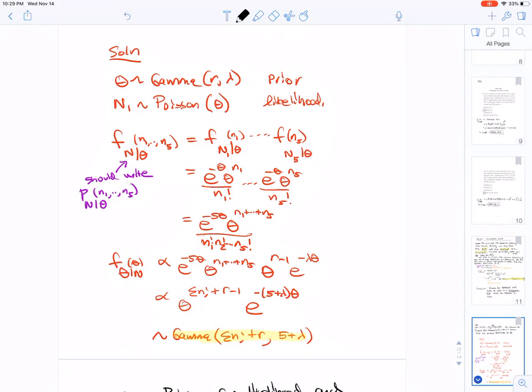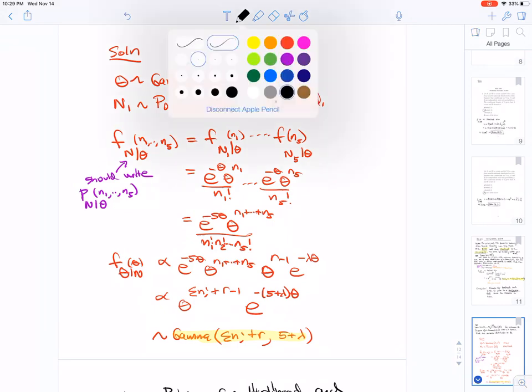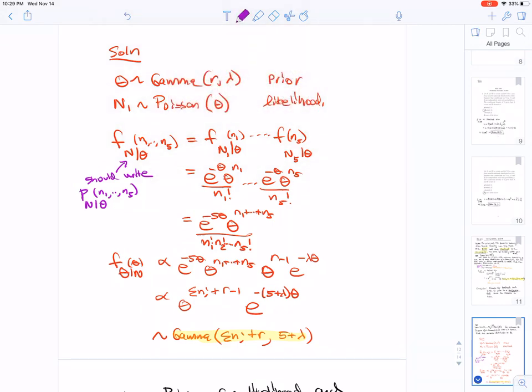So you can write down what the likelihood is here, and this is the likelihood that I'm circling right now.